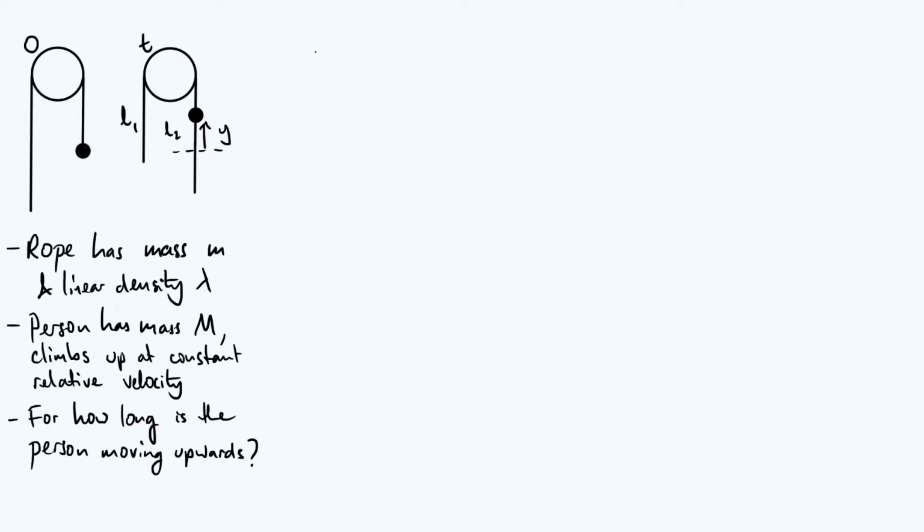So let's start seeing what relationships we can come up with between the various parameters of this problem. The first thing I'm going to do is come up with the relationship between L1 and L2, the lengths of rope on either side of the pulley. We're going to ignore the size of the pulley itself. So ignoring the size of the pulley, you would have a relationship that looks like L1 plus L2 is equal to something which I'm just going to call L, where L is the total length of the rope.